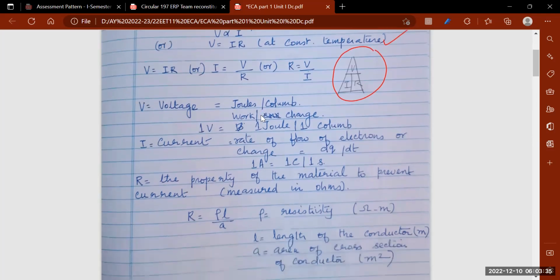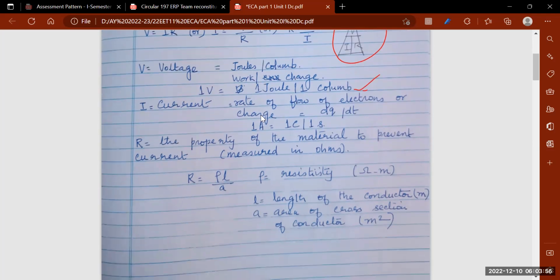Here V is the voltage, which is measured in volts. Voltage is equal to joules per coulomb. How much work is done by the charge is called the voltage. So 1 volt is 1 joule per 1 coulomb.